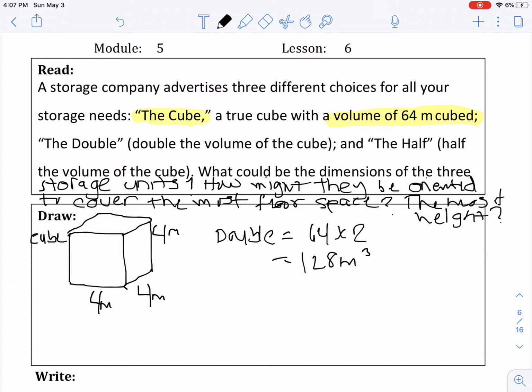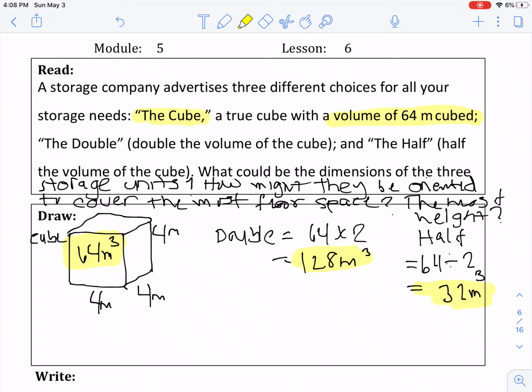And then we have the half, which is half of 64. So 64 divided by 2, which equals 32 meters cubed. So I'm going to highlight. We have the double, that's 128. The half, that's 32. And we know that the cube is 64 meters cubed. So those are all of our volumes.